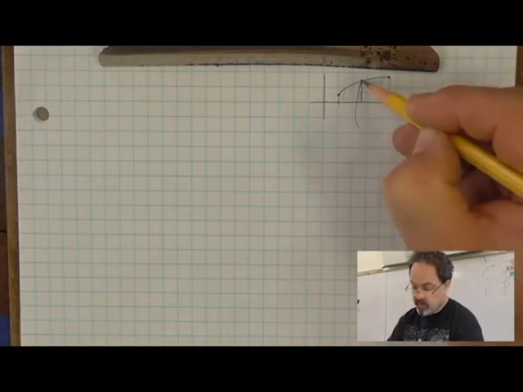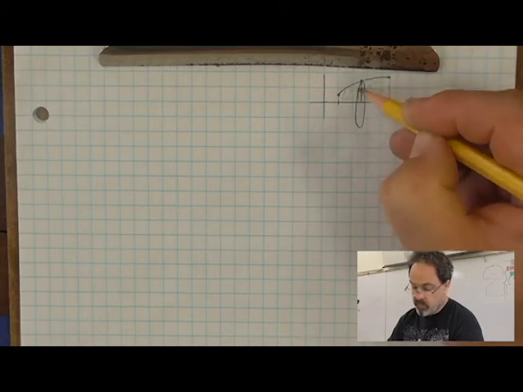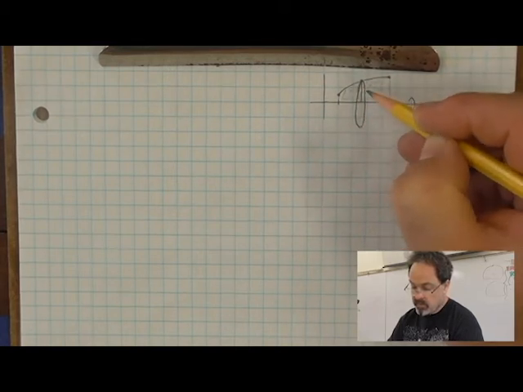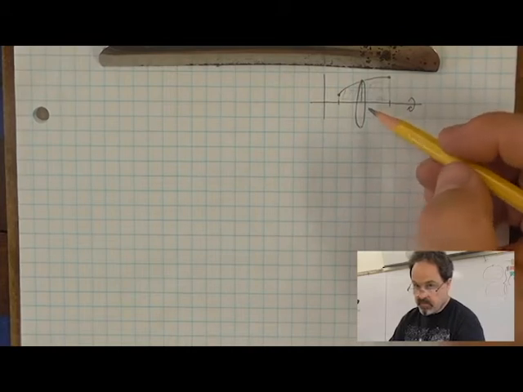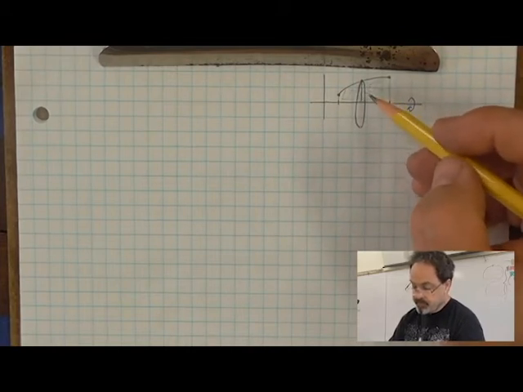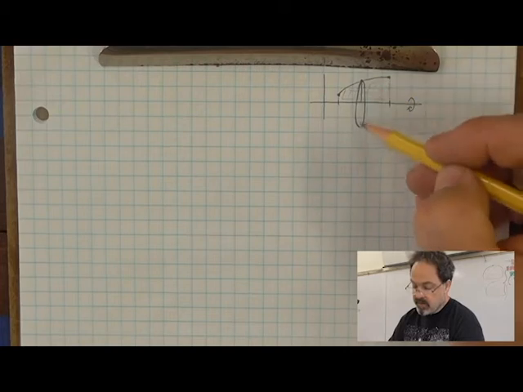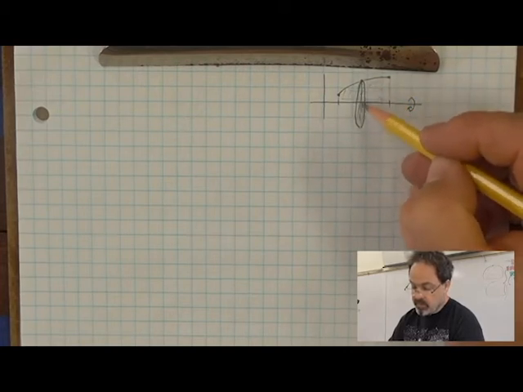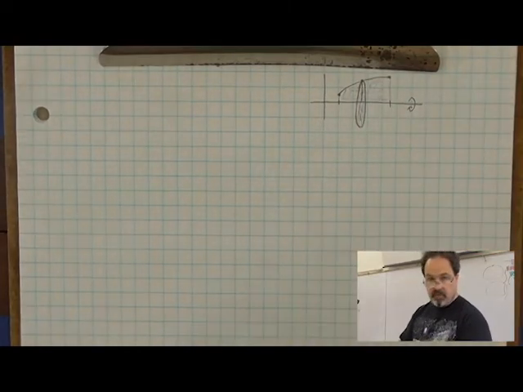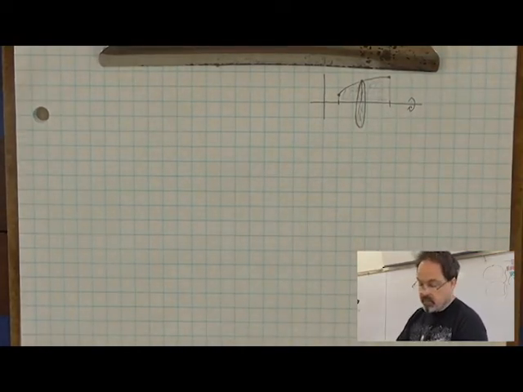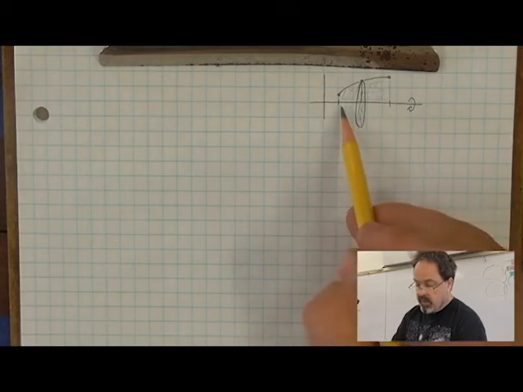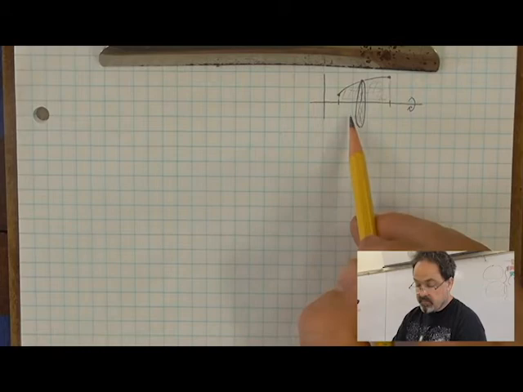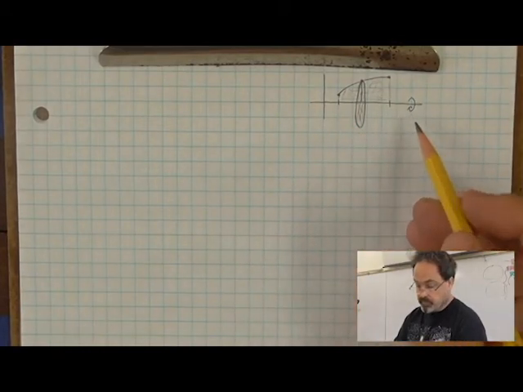Here I'm attempting to draw in perspective one slice of the solid that gets created, and that slice is circular in shape. We call it a disk because it's a filled-in circle. And when we integrated all of those disk shapes, we added them up to create the volume. We used the integral.